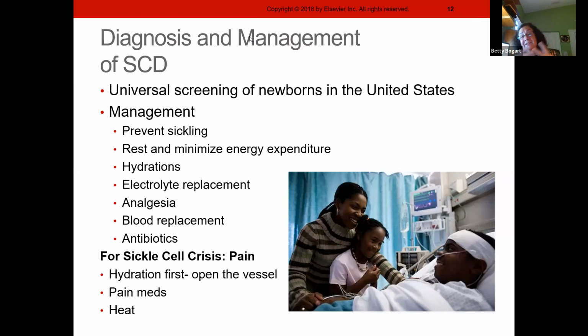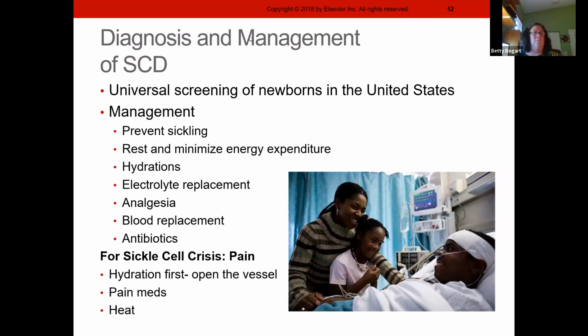And heat dilates the vessels too. So it's like boom, boom, boom, all at once. Dilate that vessel, let those cells go through, and it helps eliminate that pain and that swelling the child is having.